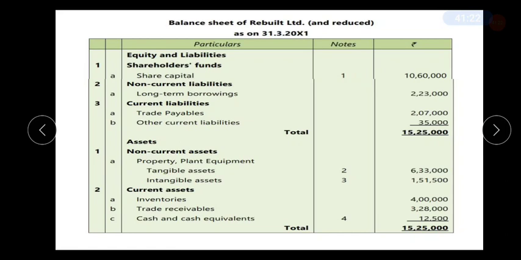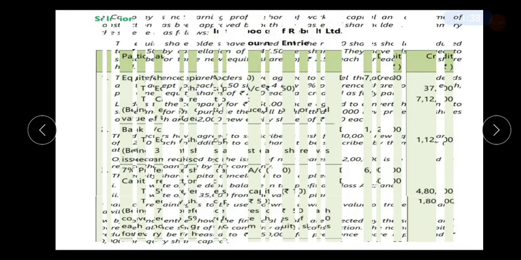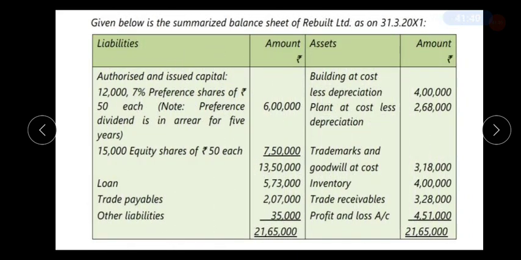Well, then you go to non-current liabilities, where long-term borrowings, which is nothing but loan. So what is this long-term borrowing? Either debenture or loan. So here we have loan, right? How much loan did we have earlier? Opening balance of loan we had 5,73,000. Of this 5,73,000 loan, we have settled 1,50,000 by issuing preference shares and equity shares, and 2 lakh loan is settled by cash.